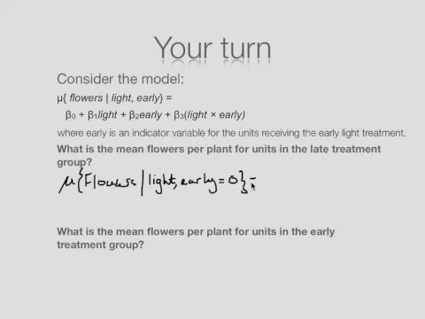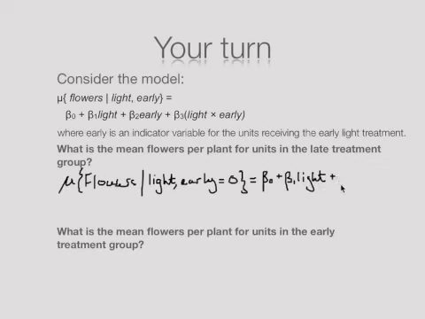To find it, we can now take the regression model we're given, and we're going to substitute in any values of things that we know. So we've got an intercept beta 0 plus beta 1 times light. We weren't asked to find the mean for a particular light intensity, so we're going to leave light in there as light.